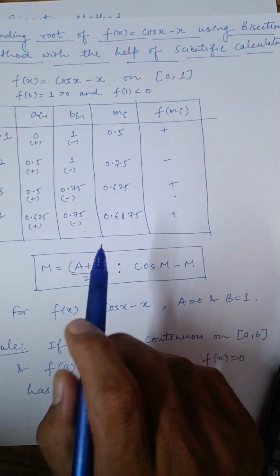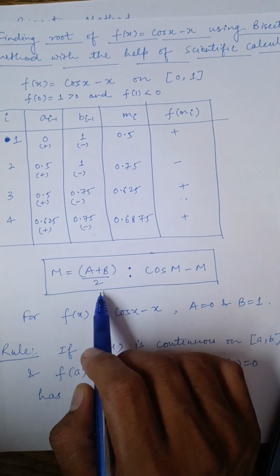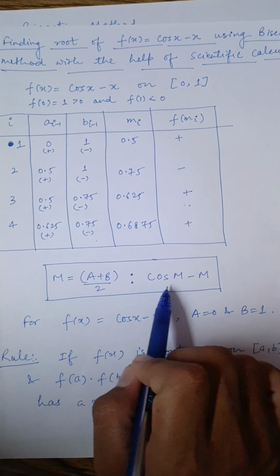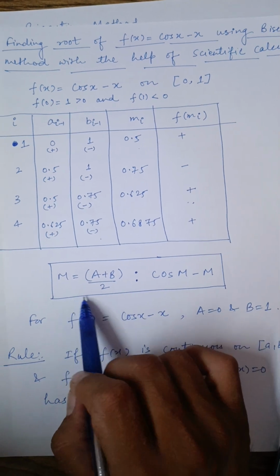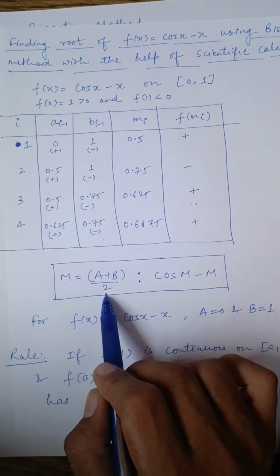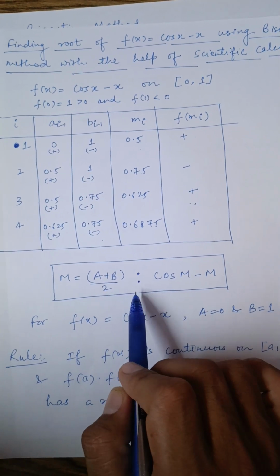So I have written a statement here, m equals a plus b by 2 colon cos m minus m. So we will type this equation in the calculator. What it does is it will calculate the midpoint first, m equals a plus b by 2, separated with a colon.